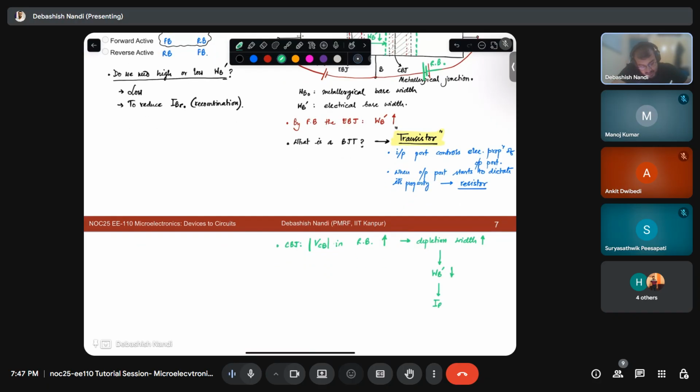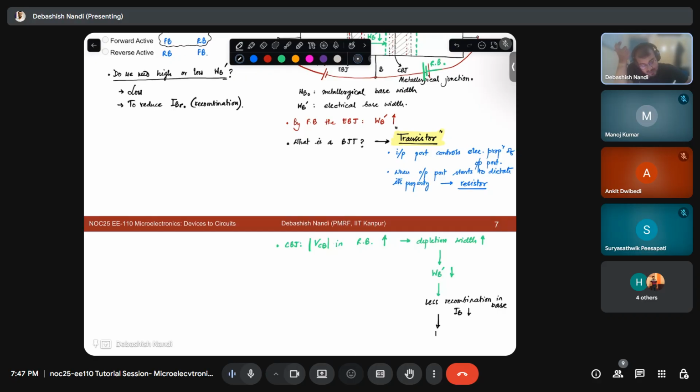My IB, less recombination in base. That means IB reduces, but IE remains the same.